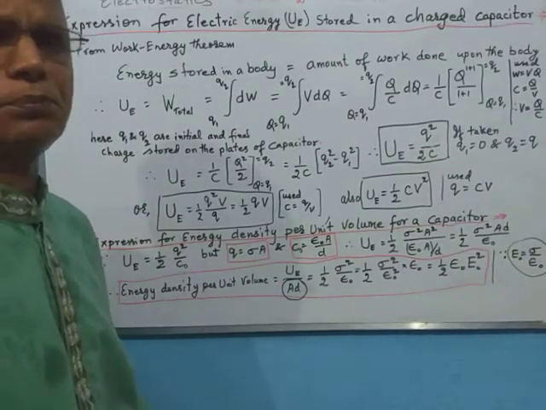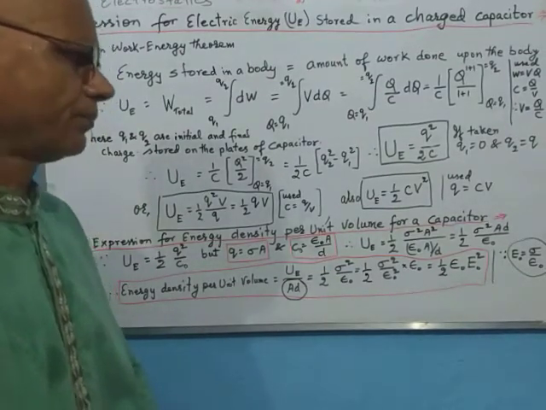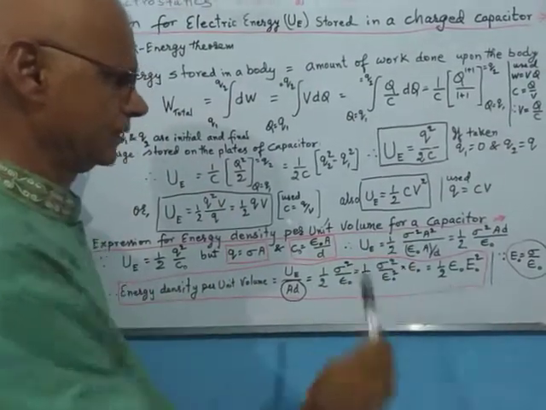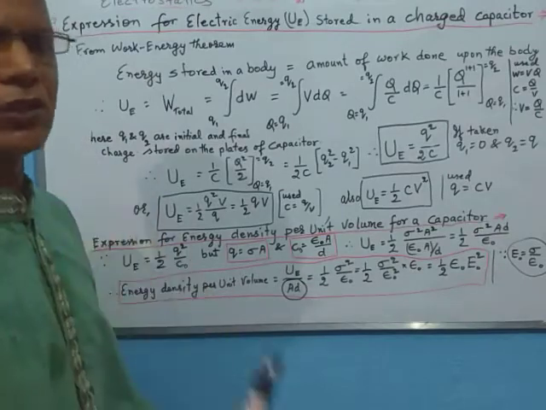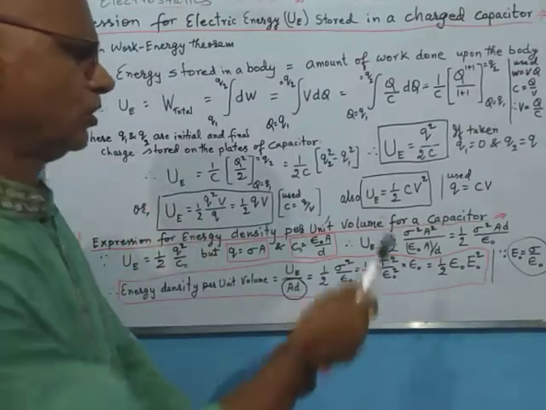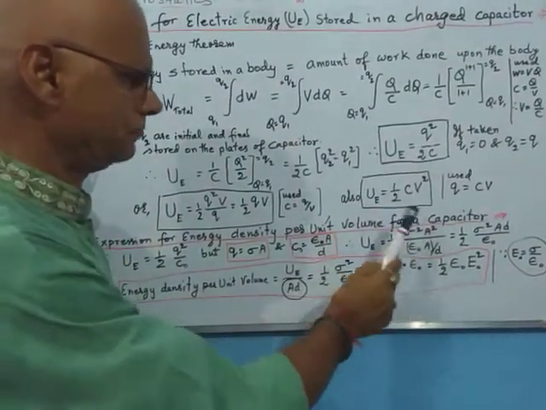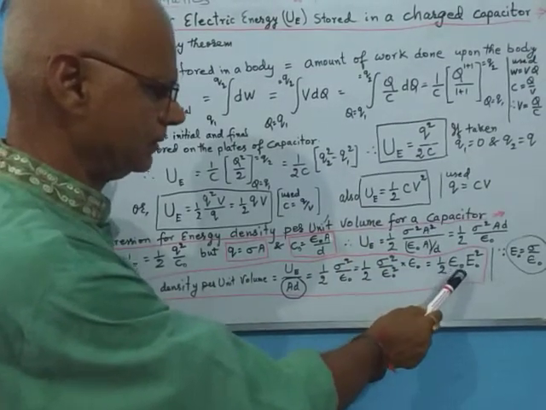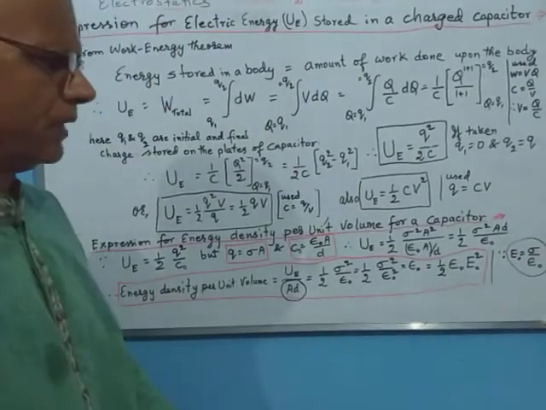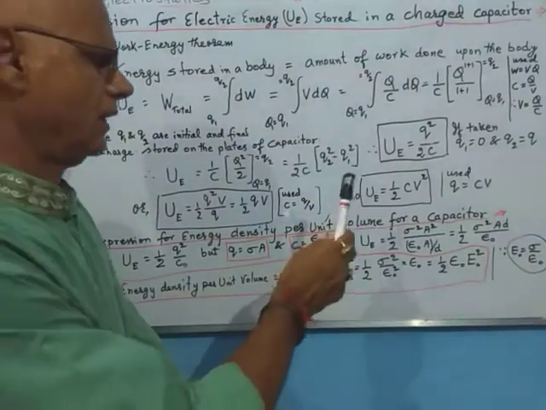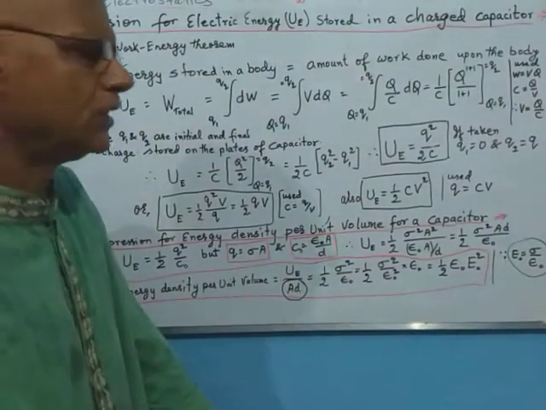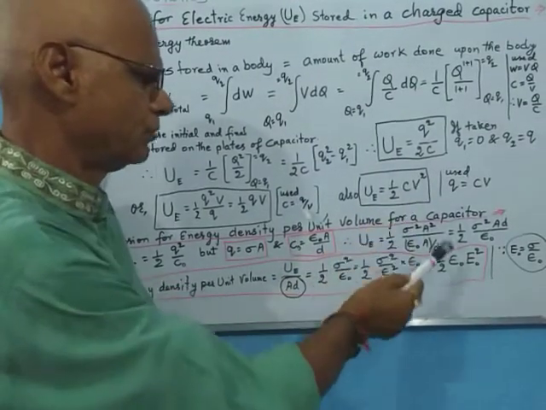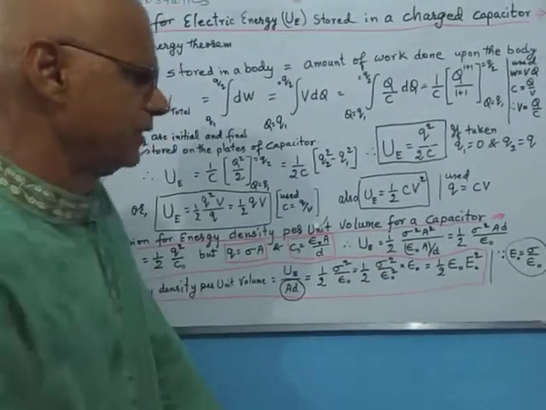In the expression for kinetic energy we have a half factor, which is always there, and a constant, half m, where mass is constant. Here capacitance is constant, here epsilon naught, that is permittivity, is constant, and v square is a variable square, that is velocity square, but here it is potential difference square, and here it is electric field square.